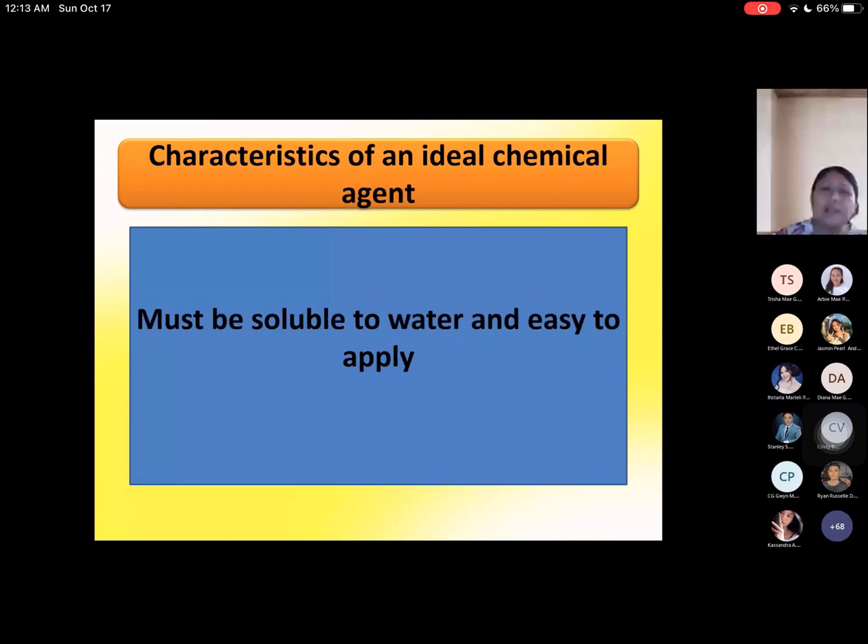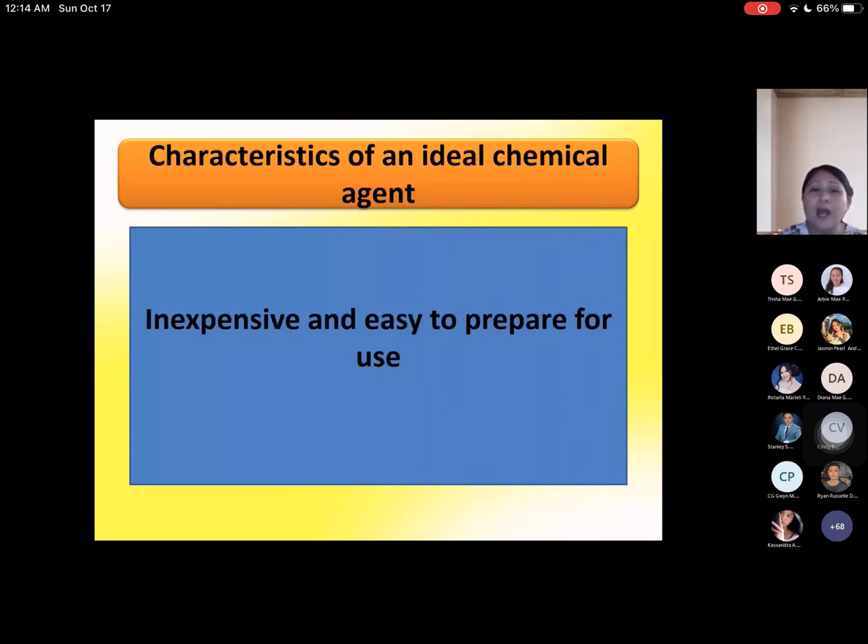Next, it must be soluble in water and easy to apply. So when you prepare it, you can easily follow the instructions. It is soluble in water, easy to apply, and easy to prepare. Next, it should be inexpensive and easy to prepare for use.